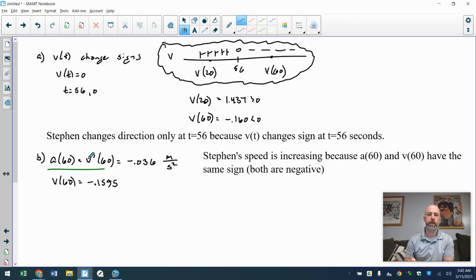Cool. Number C, find the distance between Stephen's position at time 20 and his position at time 80. Show the setup for your calculations. Okay, so we're looking for displacement.